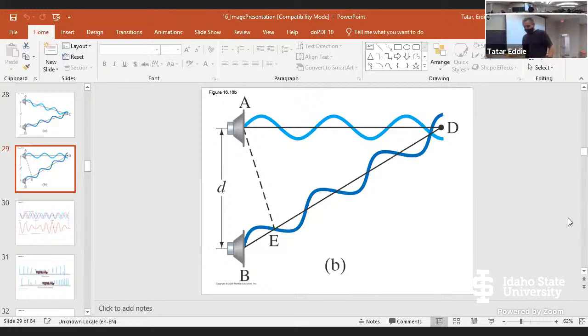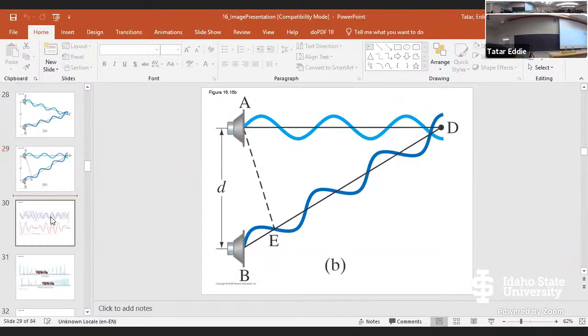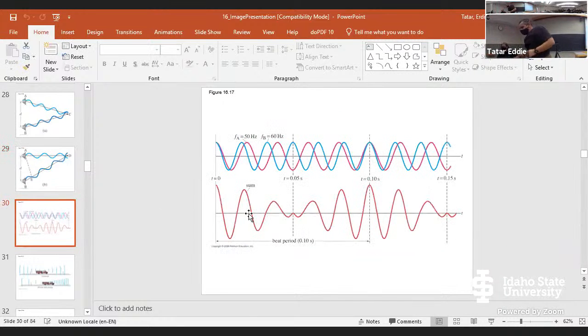Let's look at the diagram representing beats. Let's see, what is it? Maybe this one? Yeah. So you have one of the sound sources emitting the red, the other one the blue, and they have slightly different frequencies, slightly different wavelengths.